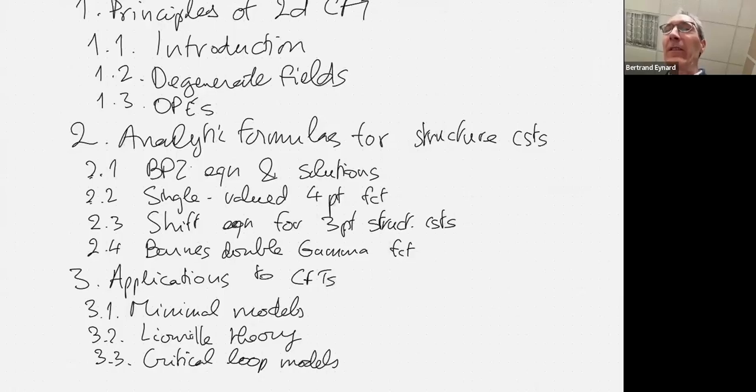And this gives us a universal result on 3-point structure constants. And then we have to wonder to which conformal field theories this result applies. Then I will deal briefly with a few examples: minimal models, Liouville theory, and critical loop models.